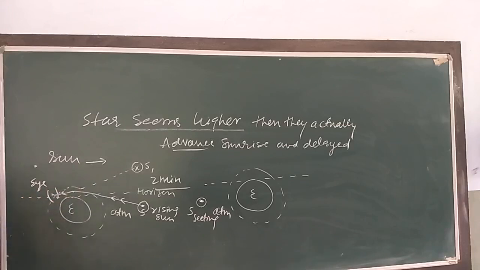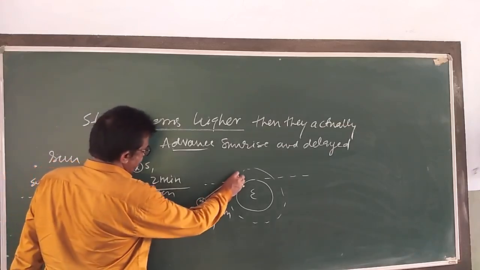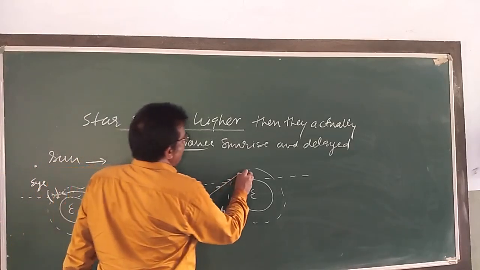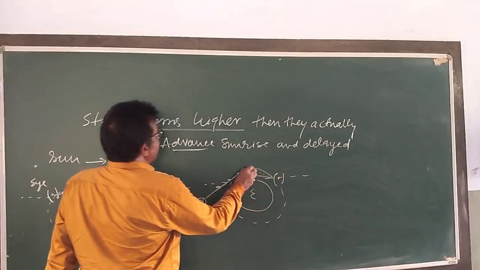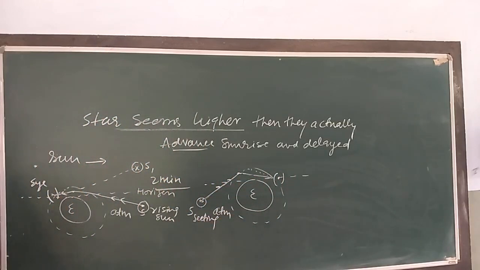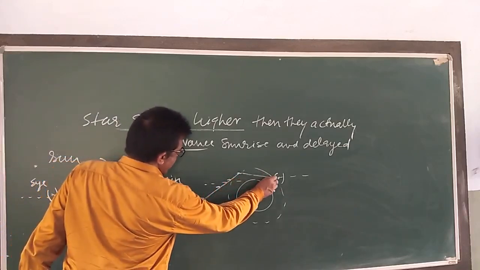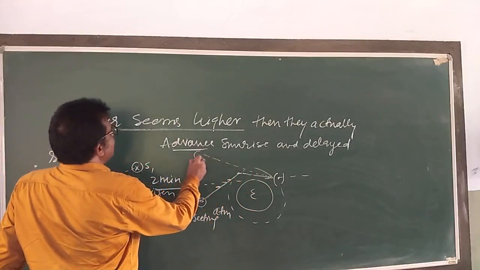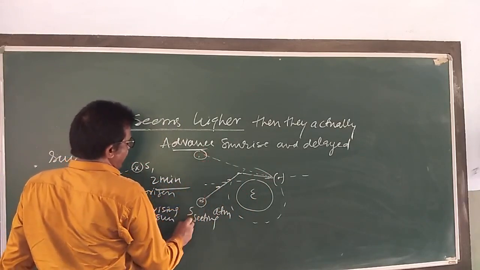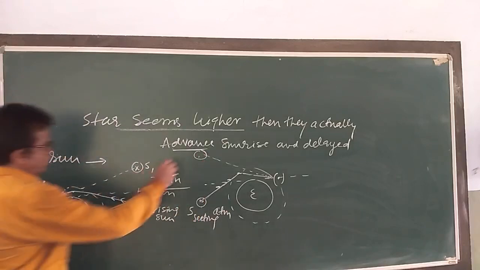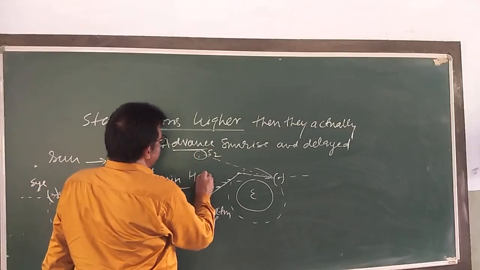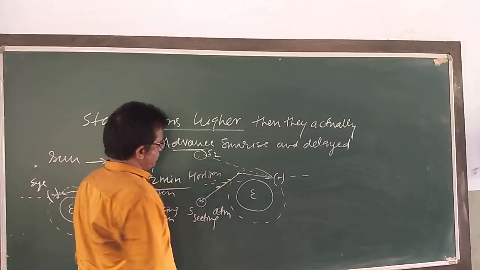When the setting sun's light enters the earth's atmosphere like this, it is refracted. Here is the eye. The refracted ray goes back, and this is the apparent position of S. This is S, S1, here is S and S2. This is the origin.